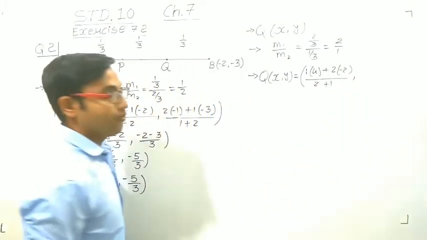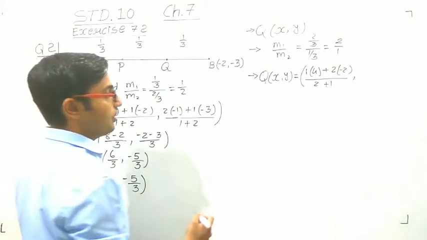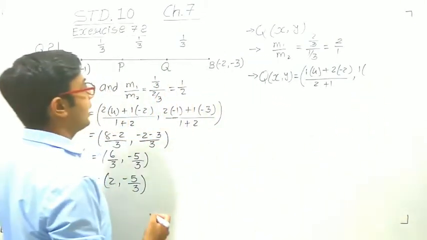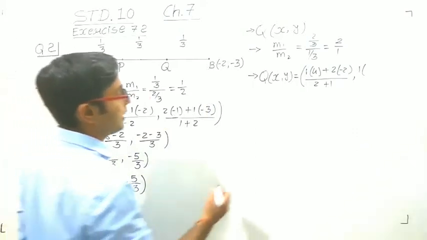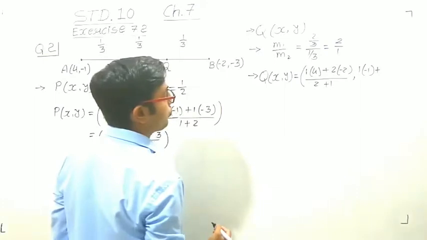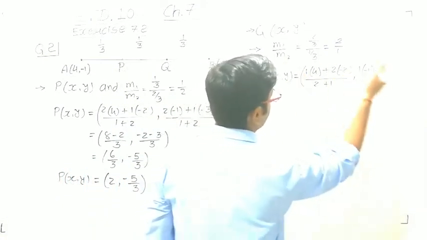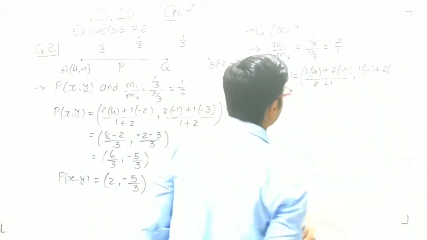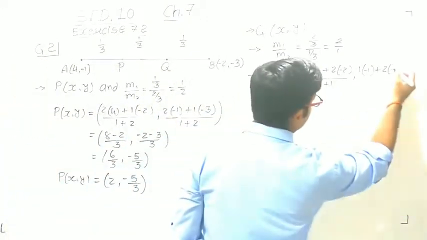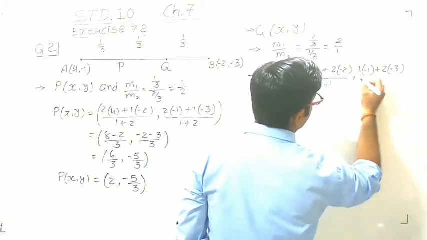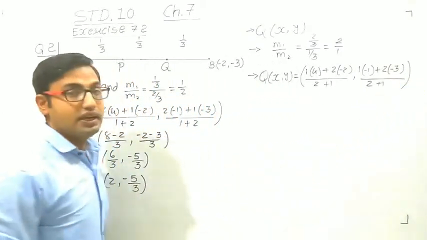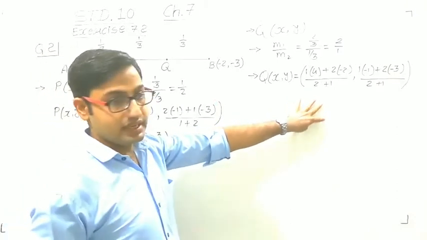In the same way for the y coordinate, again we have to use M2, that is 1, into y1 is what? -1, plus M1 is 2, into y2, and y2 is what? -3, upon M1 plus M2, that is 2 plus 1. Right? We put all the values according to this section formula.